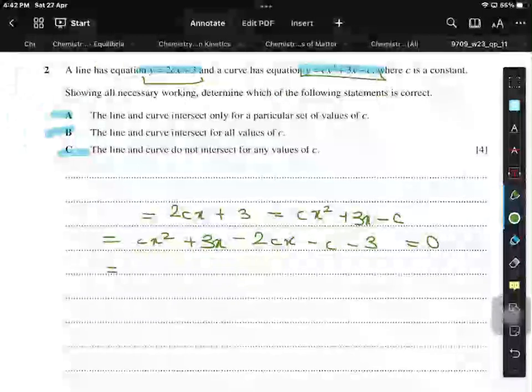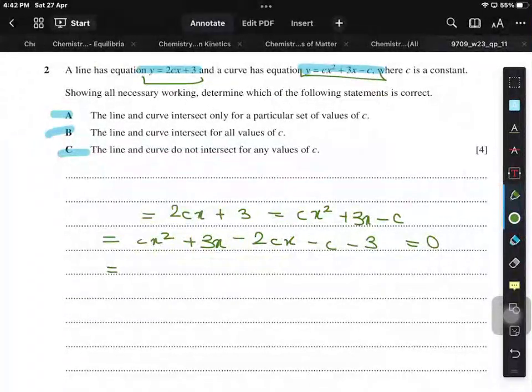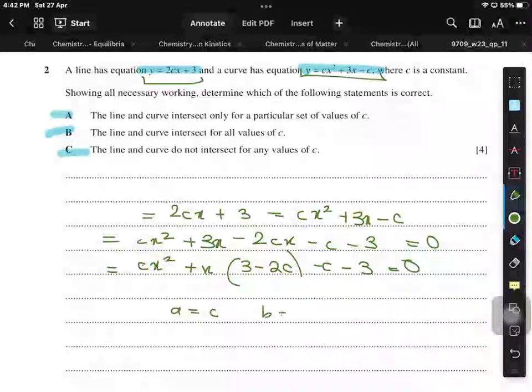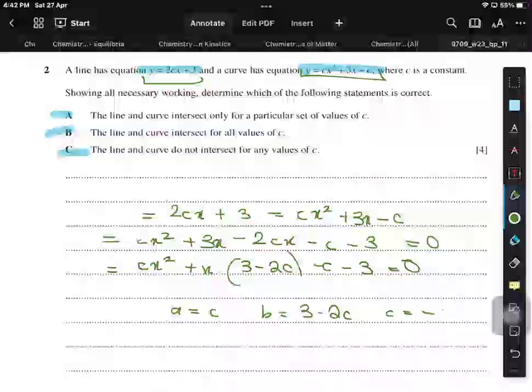Now what we can do is write it properly so the coefficient of x is clear. If we take x common here, that would be 3 minus 2c, right? Minus c minus 3 is equal to 0. Now we know that our a here is c, our b here is 3 minus 2c, and our c here is minus c minus 3, right?